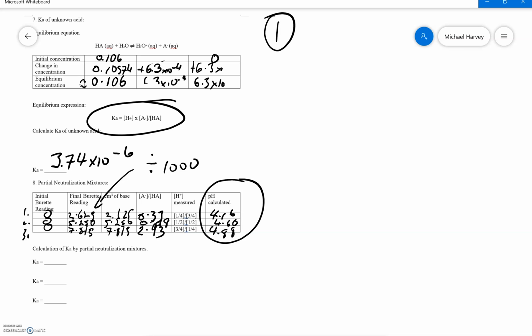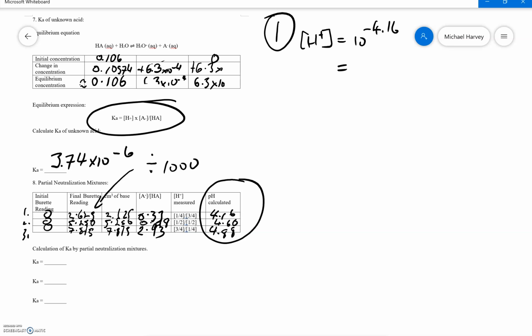Okay, so the first thing we're going to work out is the concentration of the H plus, and that will equal that equation there. We're going to use the experimental values of Nannerl's there.